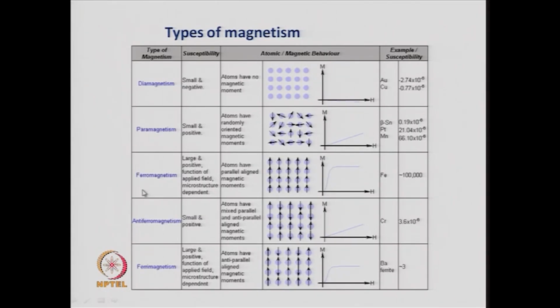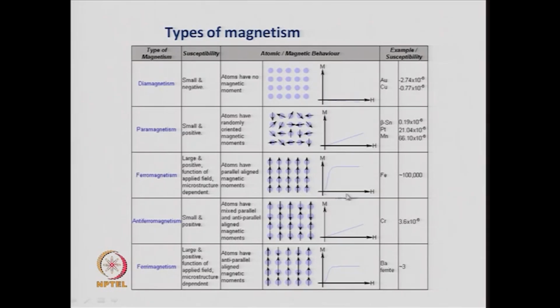Now, in ferromagnetism what happens is a large value and positive, it is a function of applied field and it is dependent on the microstructure, and in this case you see all the atoms have parallel aligned magnetic moments. They are all aligned in the presence of a magnetic field.